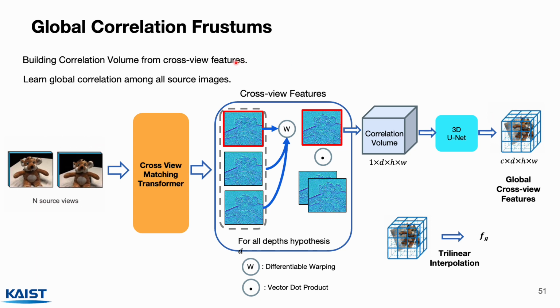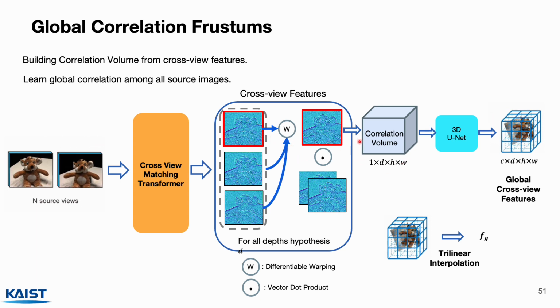And secondly, we address the modeling of global correlations between images. After extracting the features using the cross-attention transformer, we align all the features to a single view by transforming the other views into a designated reference view using homography warping.